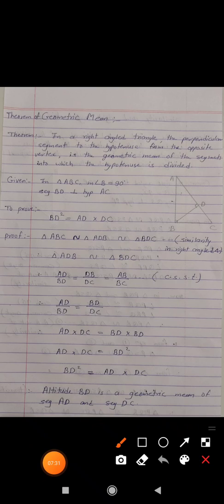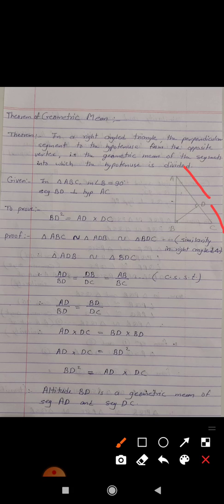Let us study one more important theorem, the theorem of geometric mean. Here the statement is: in a right angle triangle, the perpendicular segment to the hypotenuse, which is the altitude in this figure, drawn from the opposite vertex, is the geometric mean of the segments into which the hypotenuse is divided.